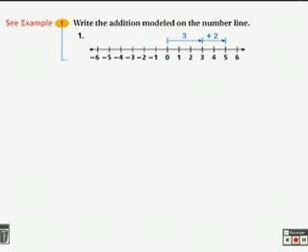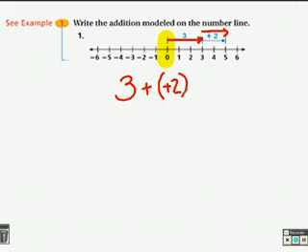So what did we start out at? We always start at 0, okay? And what did they do first? Well, they went over positive 3. So my first number is going to be 3. And I'm adding. After the positive 3, they went another positive 2. So you could write plus 2, but there's no reason to write 2 pluses, is there? It's just 3 plus 2. And where did they land?